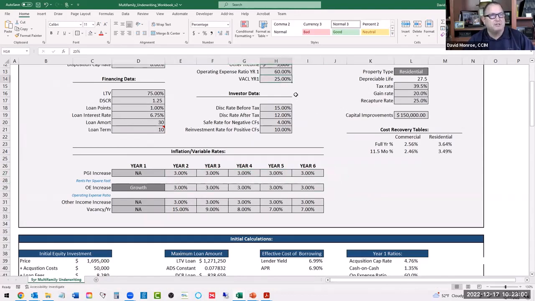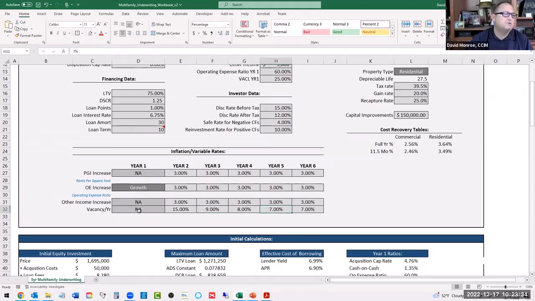So notice I'm year 1, 25%. So I'm projecting in year 2, I'm going to have over half my units done and up to market rent. So in year 2, I'm at 15%. And then by year 3, I'm at 9 and I'm starting to stabilize. And so now, as the property management company gets a little more efficient, gets a little bit better at the market, it slowly comes down to year 5 where it is at 7%.